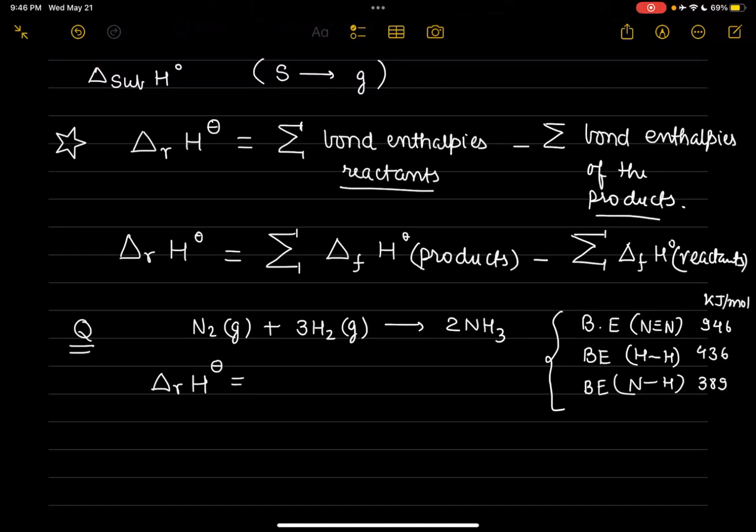In this, first you need to break the bond, so you need to give that much energy. That's why the reactants are written first before the products. Is it clear or not? How much energy do I need to break the N triple bond N? It's given, right? The 946 kilojoule per mole.